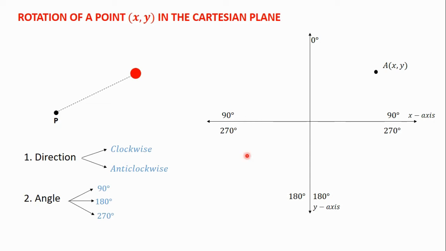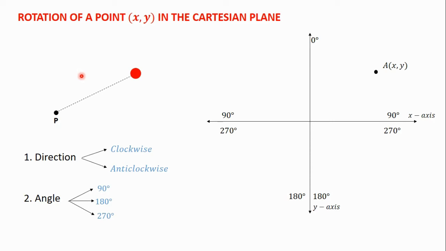So up to this point, we have seen that when we rotate a point or an object about another point, the final position of the point, that is the image of the point, will depend on one, the direction of rotation. And we have seen that the direction can either be a clockwise direction or anti-clockwise direction. Two, it will also depend on the angle of rotation.